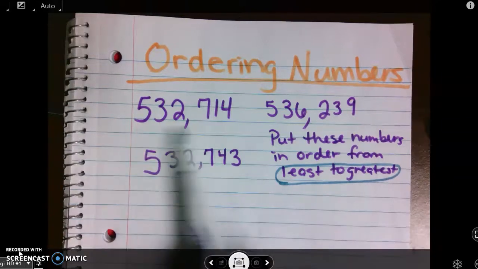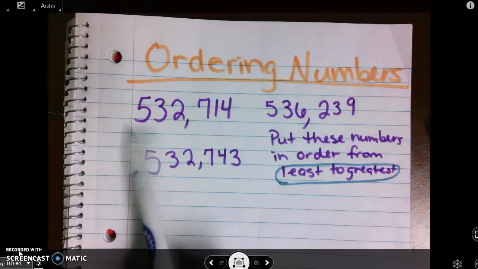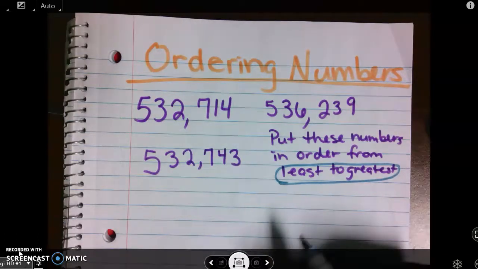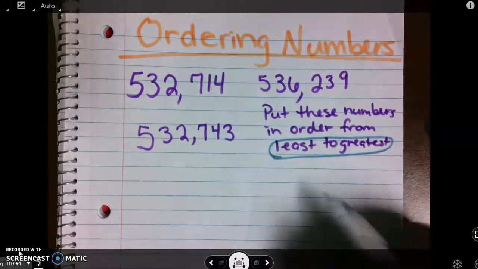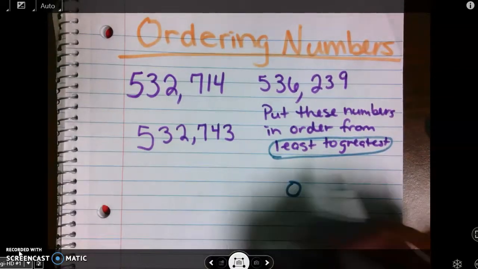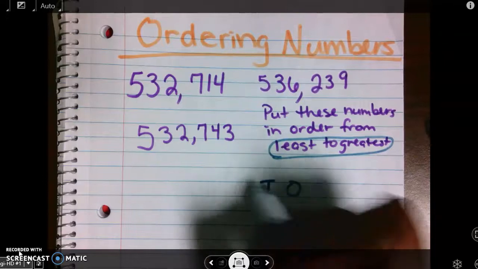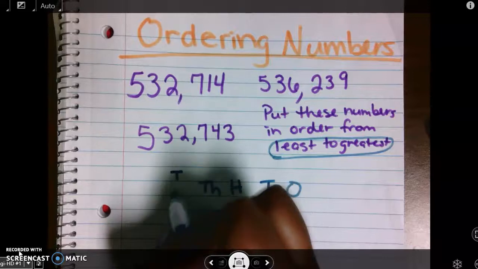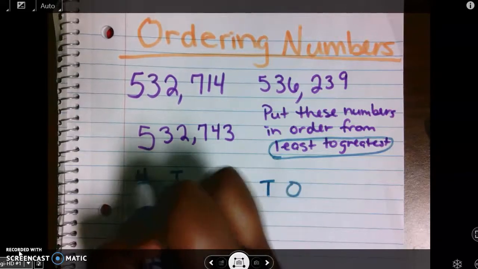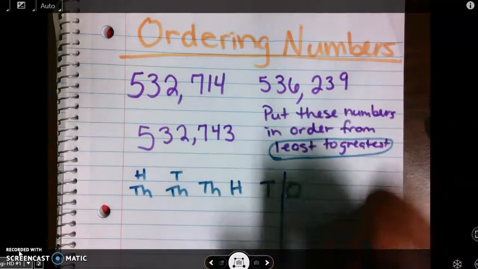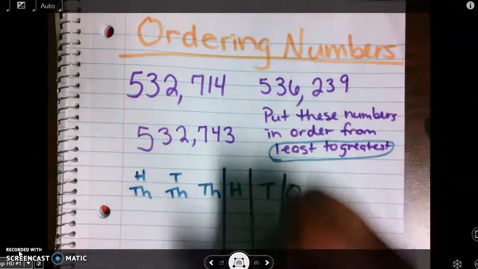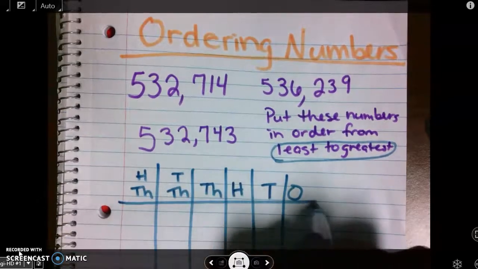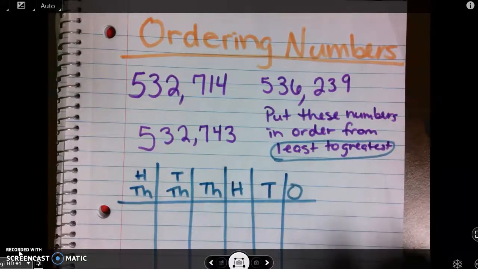Well, looking at my numbers, I see that all of these numbers have 1, 2, 3, 4, 5, 6 places. So when I'm creating my place value chart, I'm going to make 6 places. I don't have any decimals, so I'm dealing with all whole numbers: ones, tens, hundreds, thousands, 10,000s, 100,000s. All right, so I've created my place value chart. The next step says to go ahead and put your numbers into your place value chart.